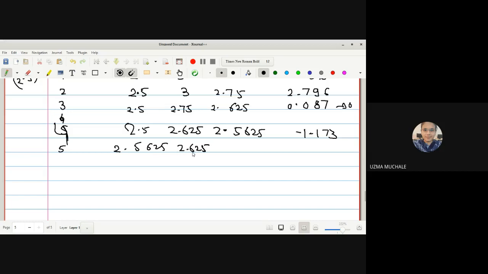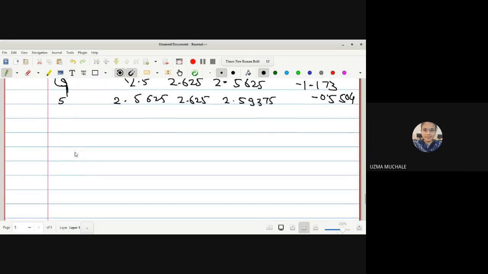A very small interval. Add them and divide by 2, we get 2.59375. The corresponding value of f of 2.59375 is minus 0.5504. In this way we can perform the iteration. Perform it and tell me the value at the 7th iteration. Simply, you have to perform 2 more iterations.